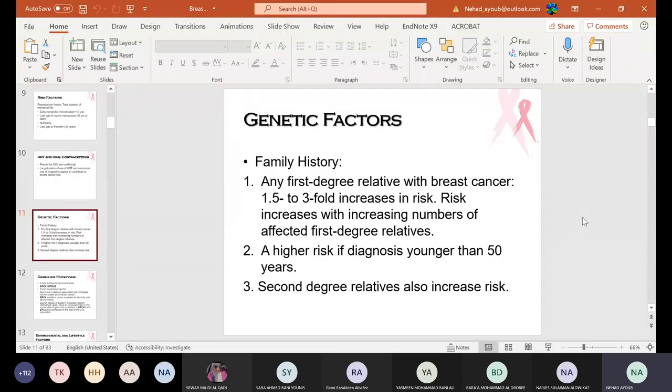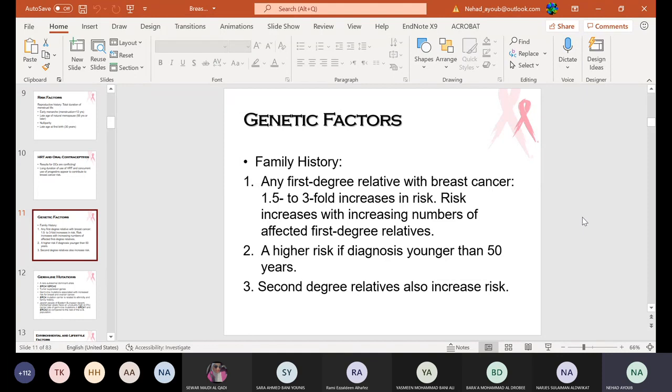So this young female who has a family history of breast cancer, okay, she must screen at an early age. She must do screening and be careful, be aware of the risk factors and how to modify them because her risk is increased.